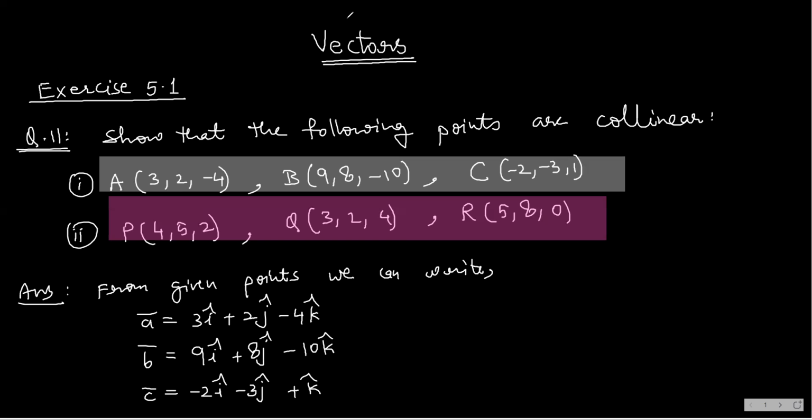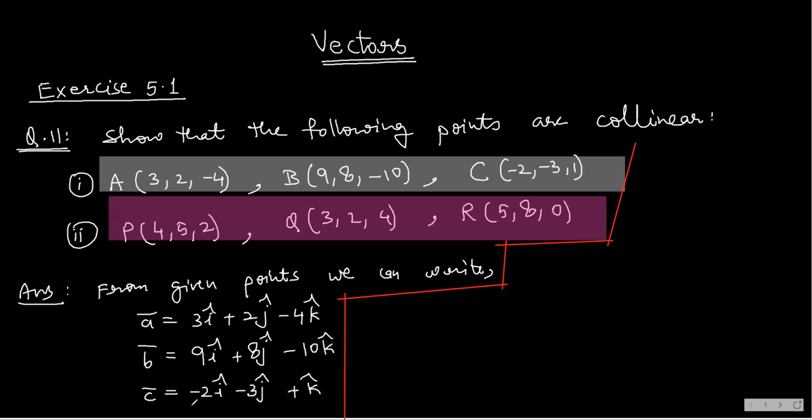What I will do next is I will find out the displacement vectors. Which displacement vectors will I find out? That is, I will find out AB bar and BC bar. See, I have 3 points here, and I got their position vectors.